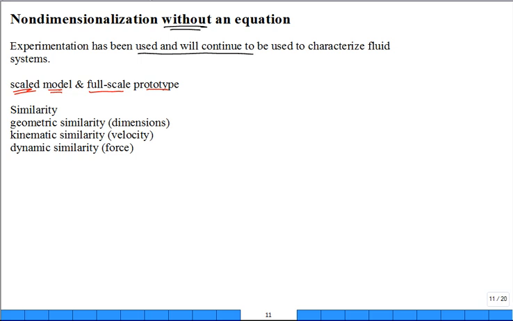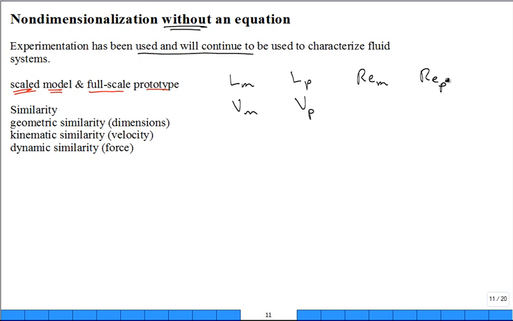So we'll talk about the length of the model compared to the length of the prototype, the speed at some location in our model compared to the speed at the same location in the prototype. We'll get to the Reynolds number of the model and compare it to the Reynolds number of the prototype. See how you start matching things up.